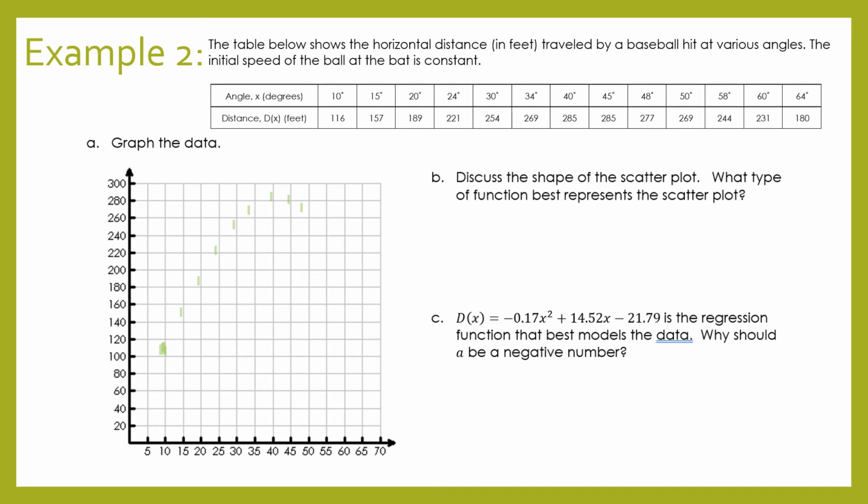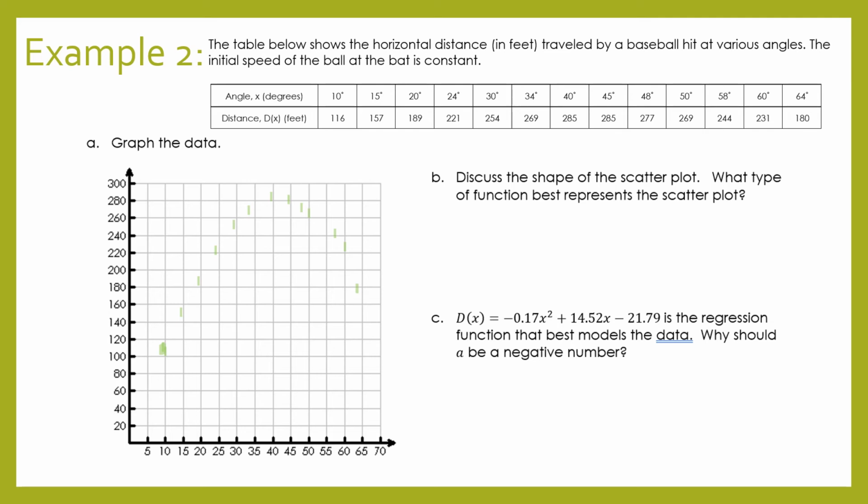At 50, 269. 58 is 244, maybe about right there. That's not the best one, but it's all right. 60 is 231. And finally, 64 degrees is 180.